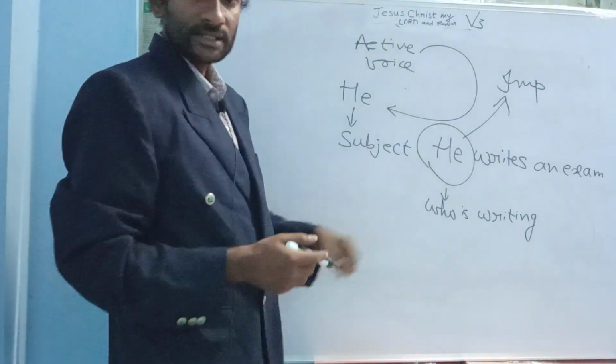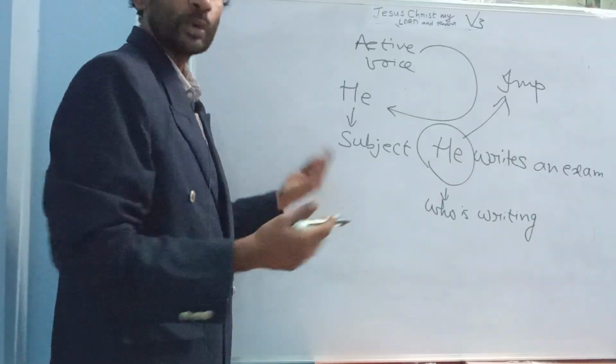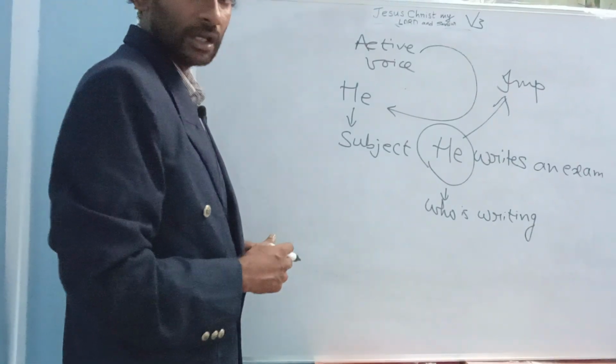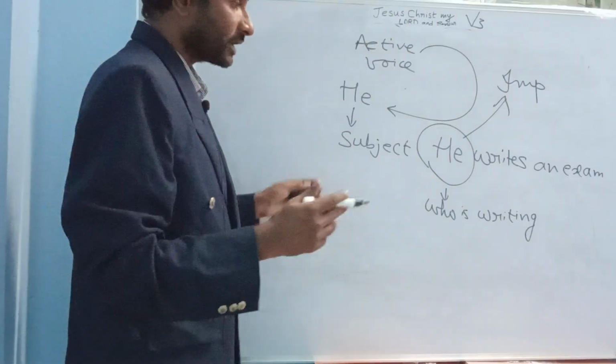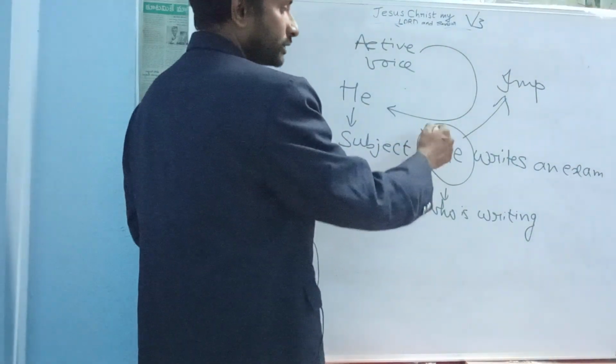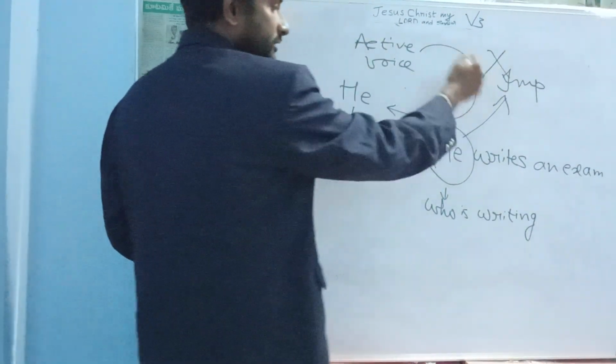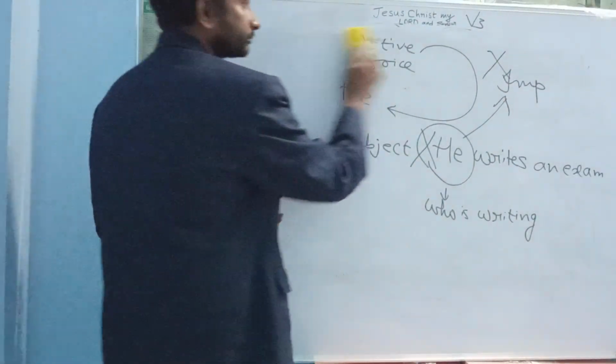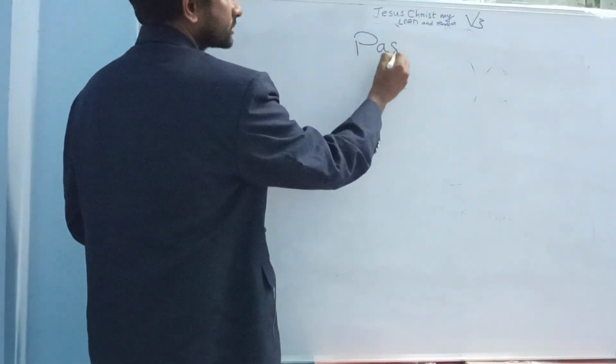But the same sentence can be written in a different way, that is passive voice, without changing the meaning. But the preference is not given to he. It is not important in passive voice. We will see how it is. So, passive voice.